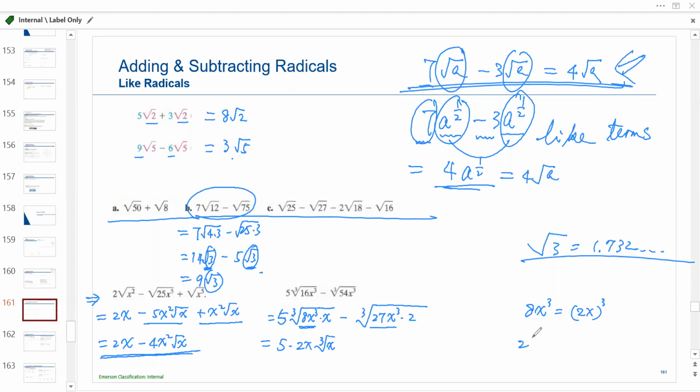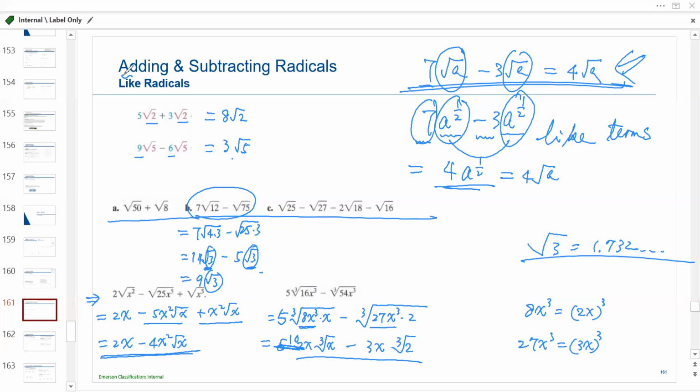We know that 27x cubed here can be rewritten as 3x to the power of cubic, right? So here it becomes 3x. All right, can we combine further? No, but we can rewrite this one, it becomes 10x times this one minus this one, which we already simplified.